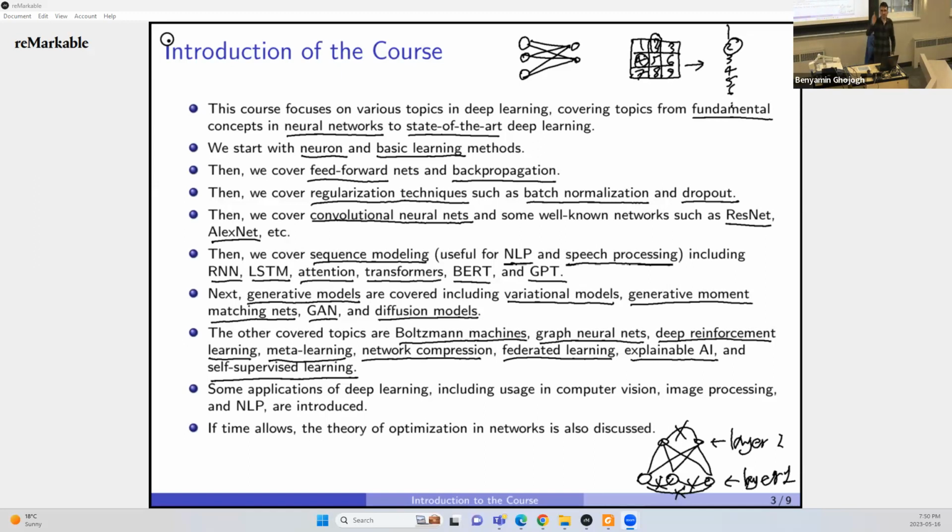I don't remember the exact date, but I think around 1970, 80, something like that, they had proposed RBM, the restricted Boltzmann machine. They recovered it. They took it from stock and brought it back around 2006.